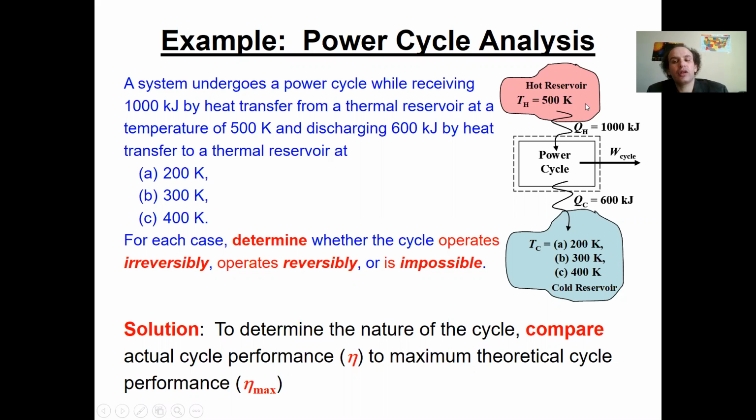Part of it will be converted into work and the rest will be rejected down. Okay, 600 will be rejected down. The question is, please make a second law analysis, an efficiency analysis, which means identify whether it is possible or not. And here you have three options for the lower temperature: 200, 300, or 400.